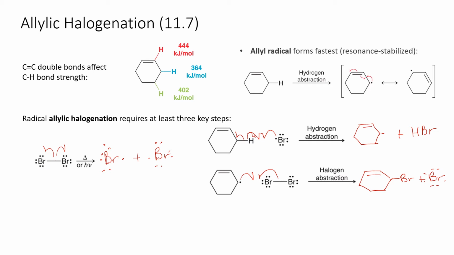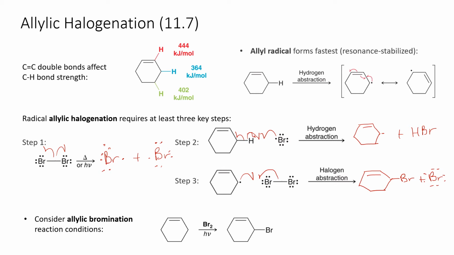So remember, when we're talking about halogenation, bromine is more regioselective than chlorine. And so again, we look at the regioselectivity, meaning what's going to give me the more stable radical. So step 1, that's the initiation. Step 2 and 3 are those propagation steps.